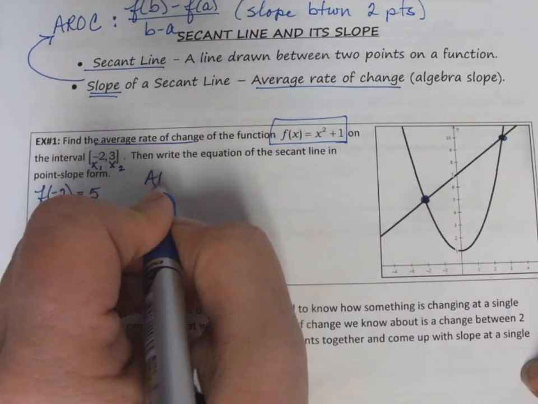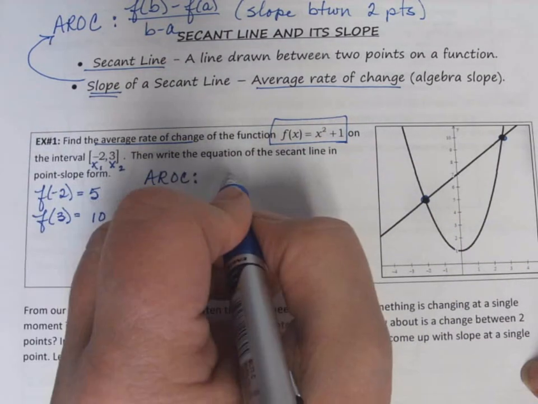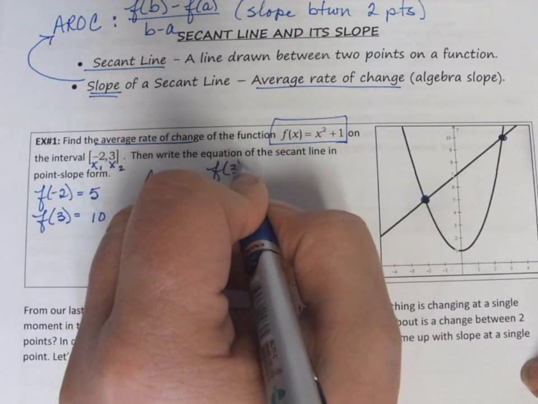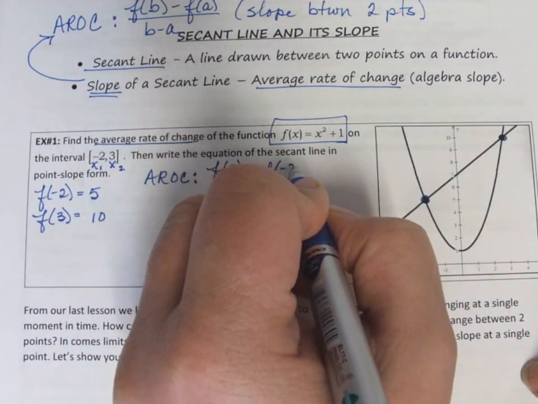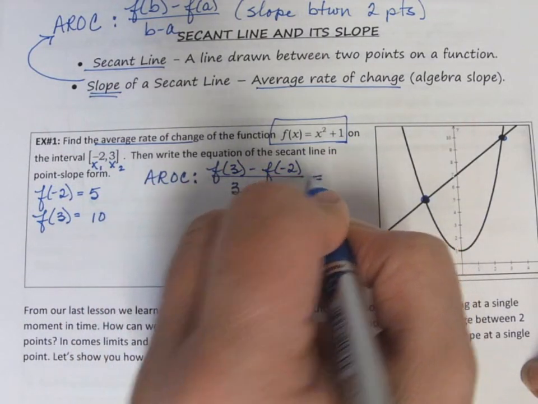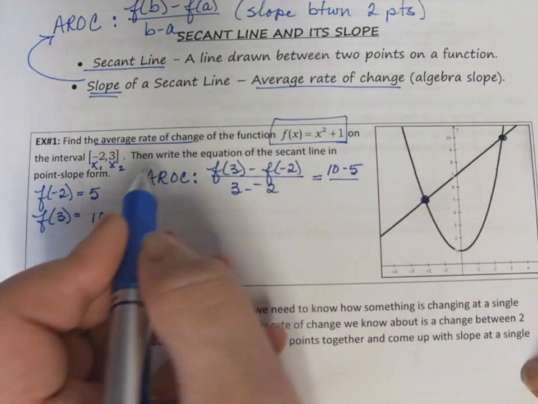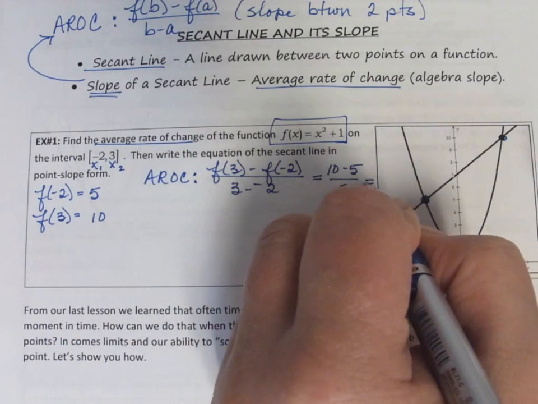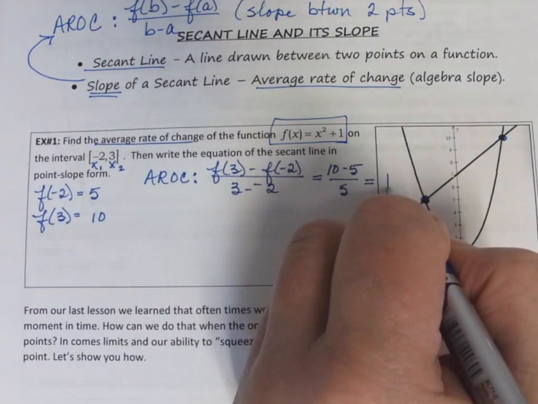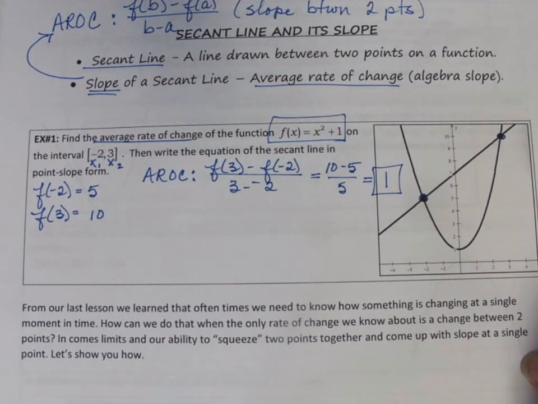So my average rate of change is going to be f(3) minus f(-2) over 3 minus -2, which is going to be 10 minus 5 over 5, which is going to be 5 over 5, which is 1. So that is the slope of the secant line, okay? So that average rate of change is the slope of the secant line.